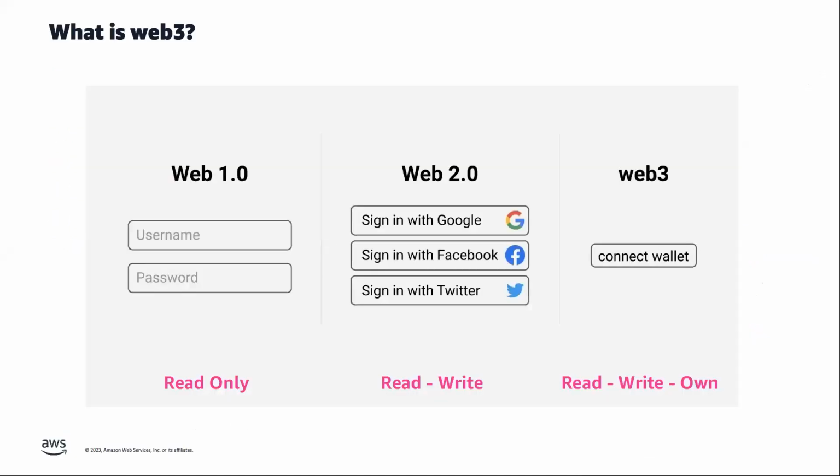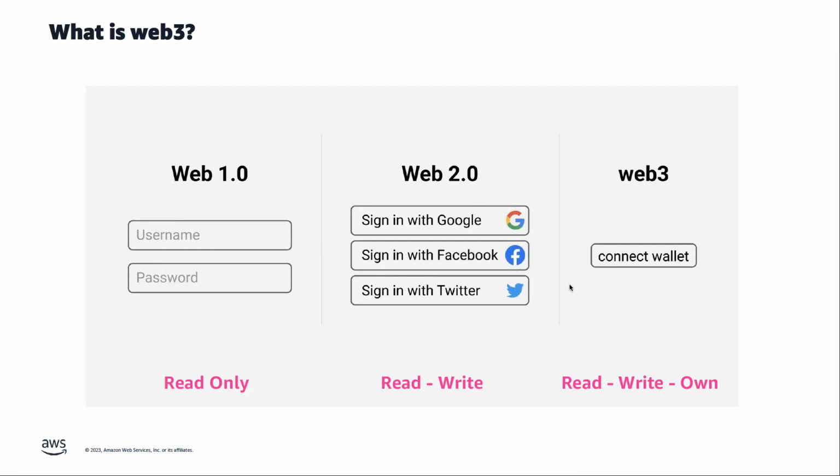So what is Web 3? Maybe some of you are familiar with this technology, but I would like to take this chance to give a high-level explanation. Back in 1995, we were in the Web 1 era. It is read-only. That means the user can only access the information on the internet.